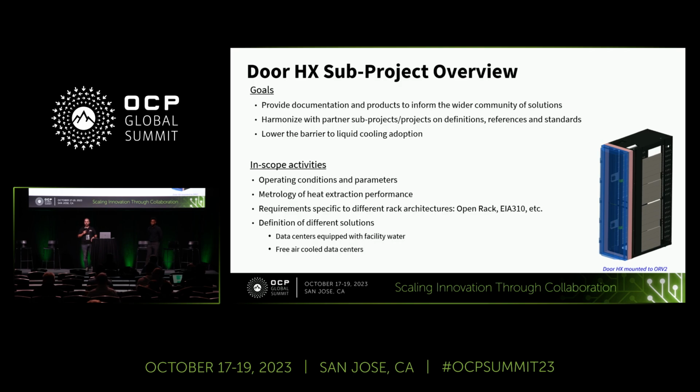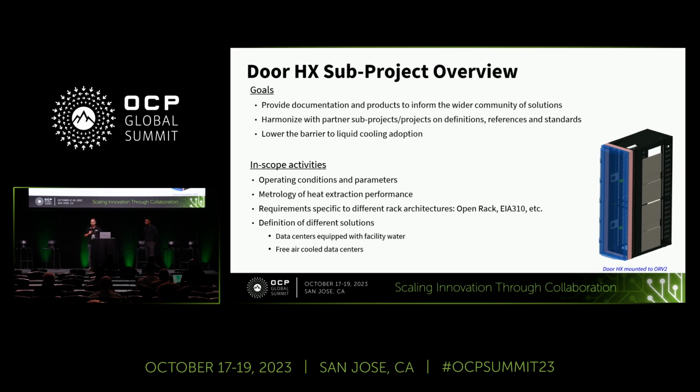Obviously, it's important to have some harmonization between groups. The height of the heat exchanger is very important to fit the reactor. Such things are very important, and we consider these points as well.